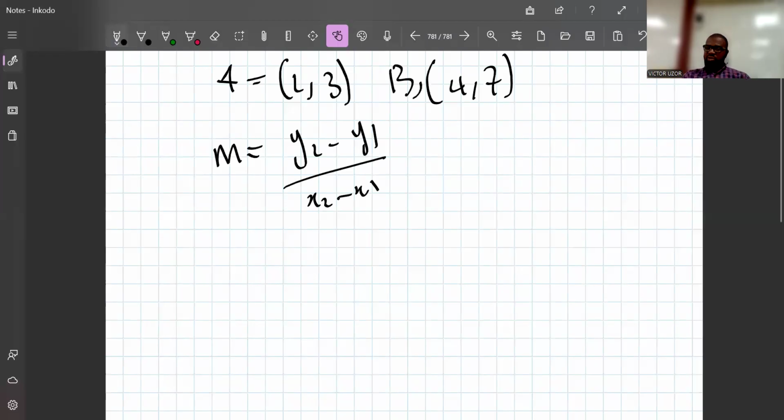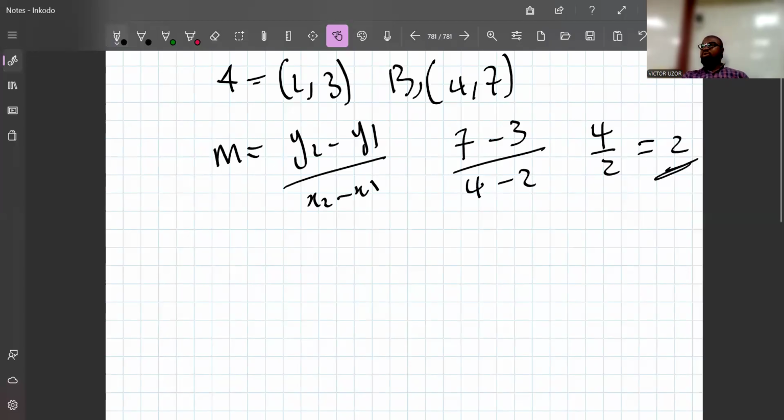So y will be 7 minus 3 all over 4 minus 2. 7 minus 3 will give you 4, and 4 minus 2 will give you 2, so the gradient will be 2. So the gradient between those two points will be 2. So that's the formula for finding gradient.